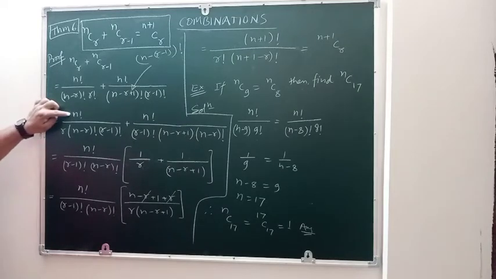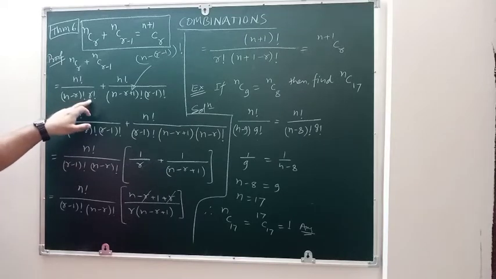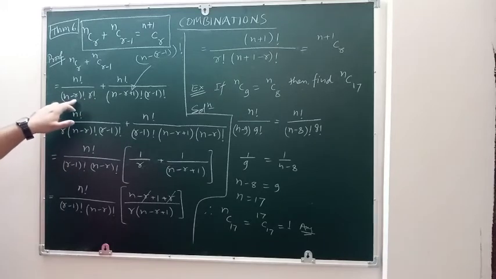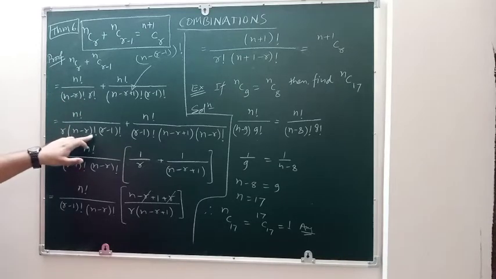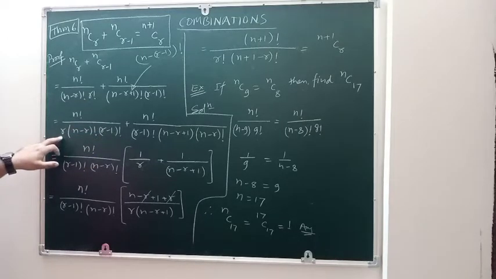After that, this is equal to n factorial. What I have done is I took r as common from this entire term. So what I have is (n minus r) factorial, and here I get (r minus 1) factorial, as r is taken out.